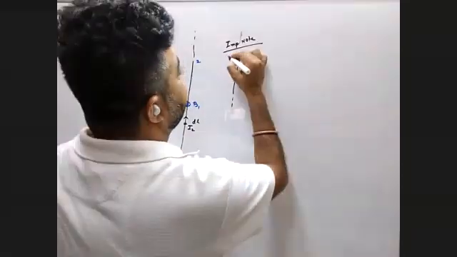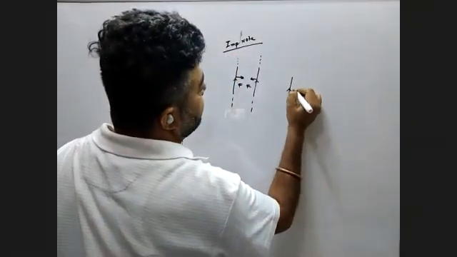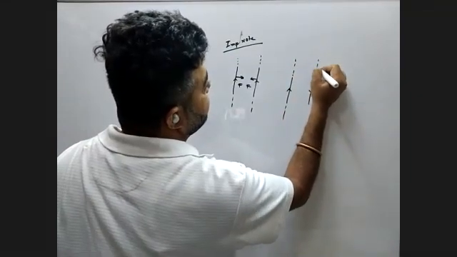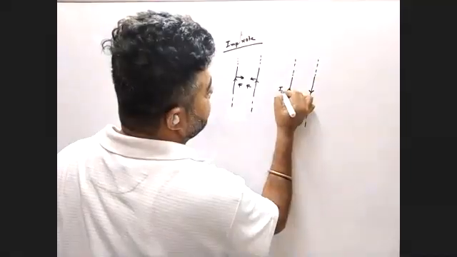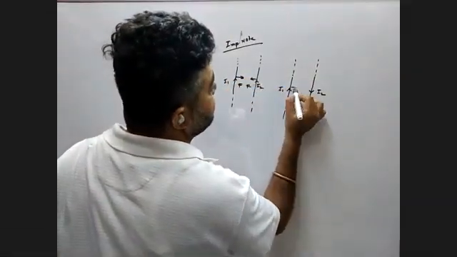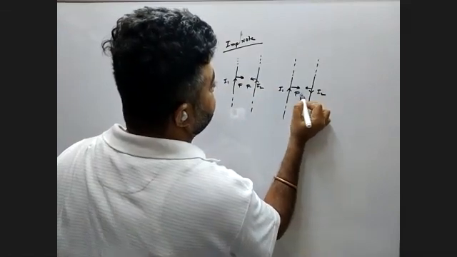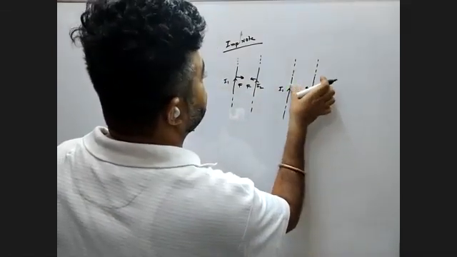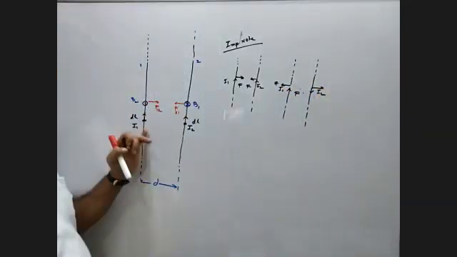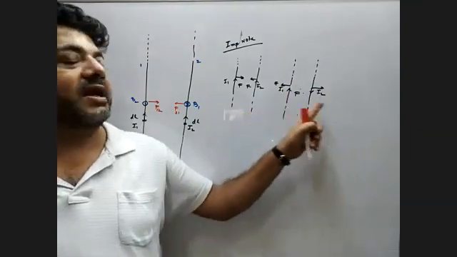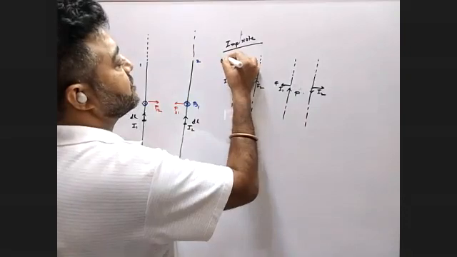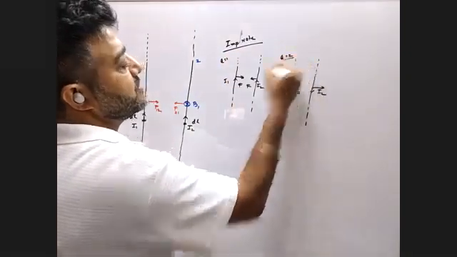If the currents are in opposite directions, the force is repulsive in nature. This is one type of question they can ask you.